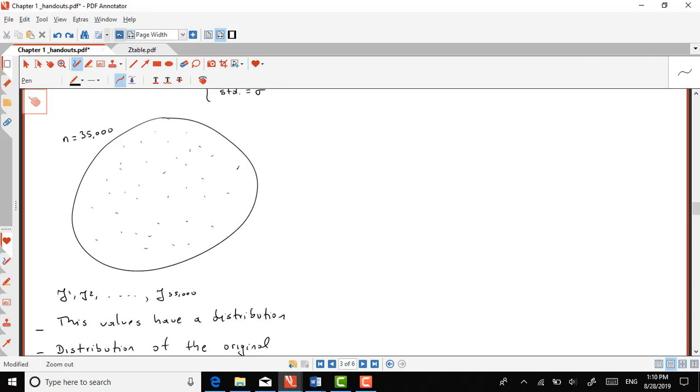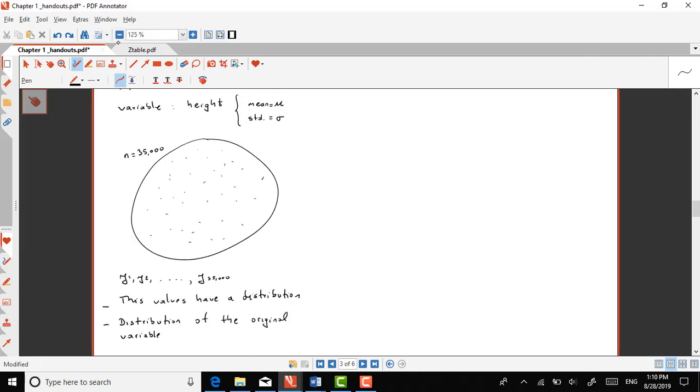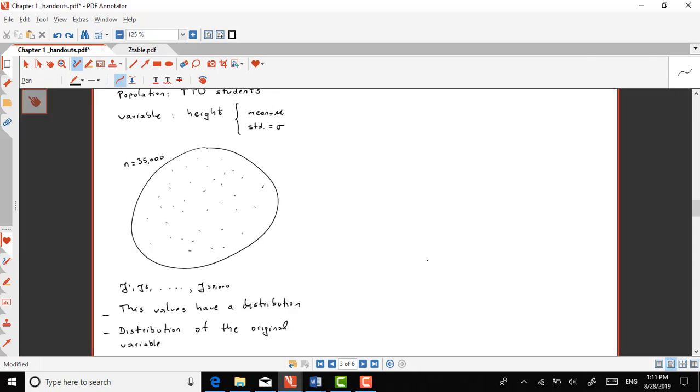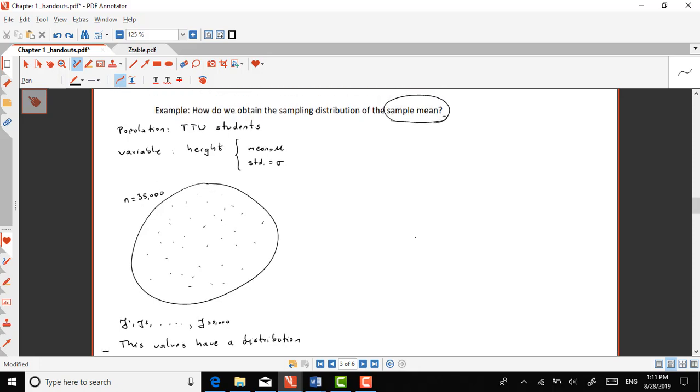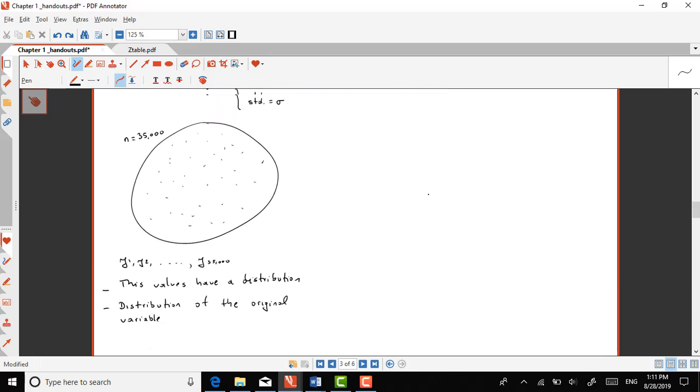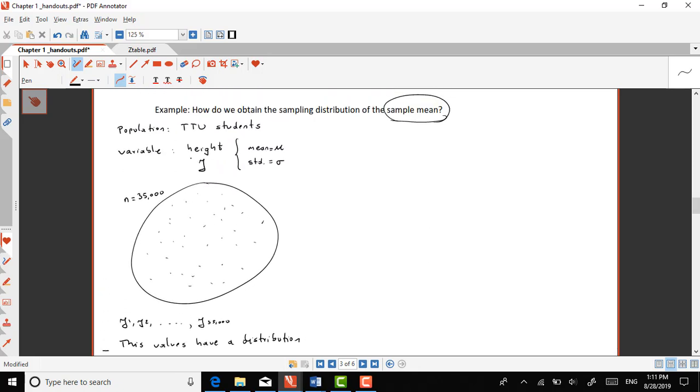So we have a variable, and the variable has a distribution. That's the distribution of the original variable of interest, which in this case I call height, and I was using y, so I will be denoting it by y. So far so easy.